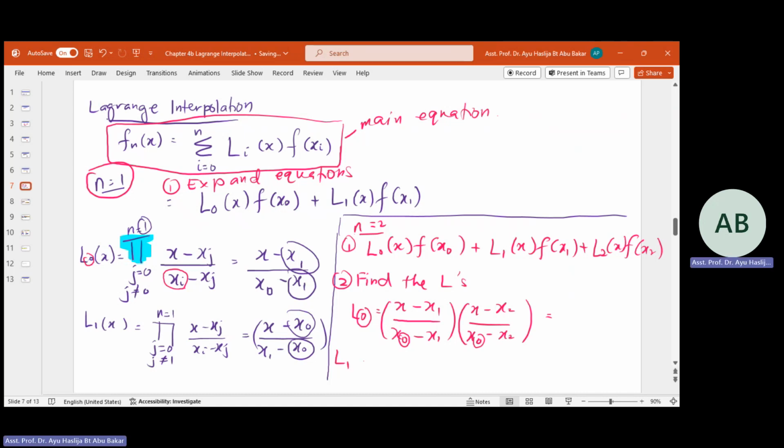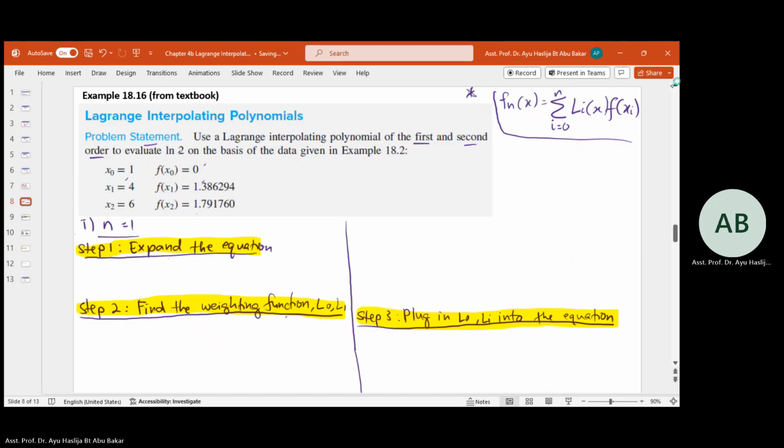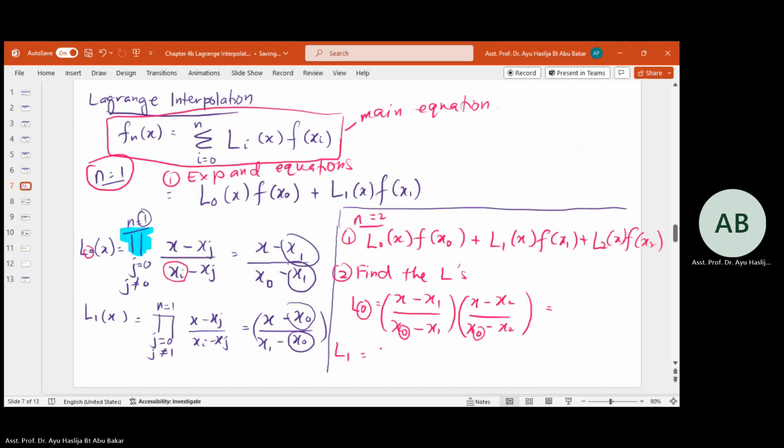Now, L1. Remember j must start from 0, x0, but j cannot be the same as 1. So x minus x0, x minus x2, here x1. So you'll find your values.